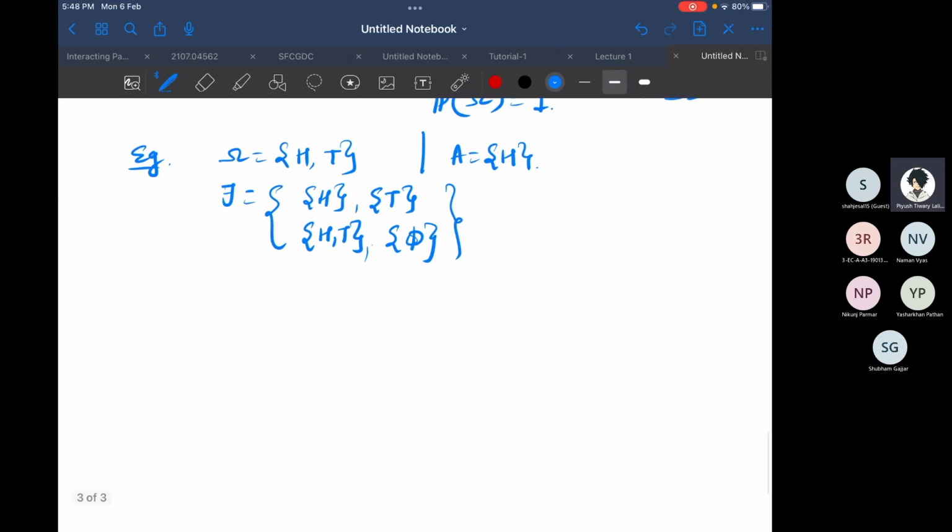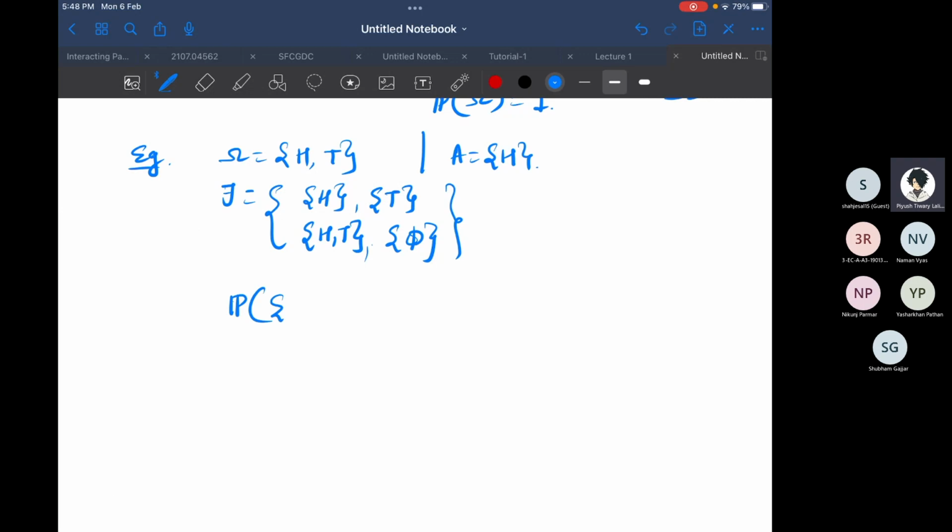Now let's say I know the coin that is being tossed is a fair coin, and it has a half chance of coming up heads, half chance of coming up tails, and things like that. Then let me come up with this probability measure here.